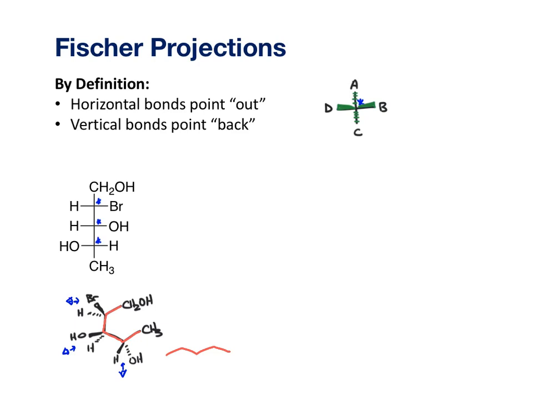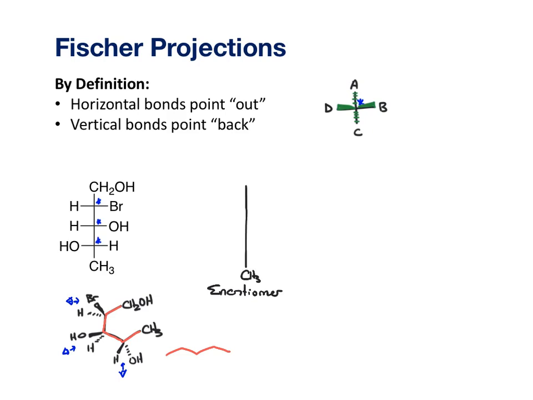So what you do want to be able to do is identify stereoisomers of Fischer projections. So for example, we can draw the enantiomer of this by just inverting the horizontal groups at the chiral centers. So if I draw the enantiomer, let's draw our main vertical chain.